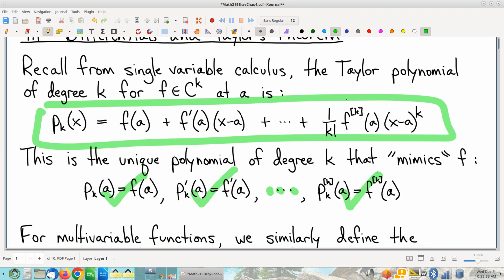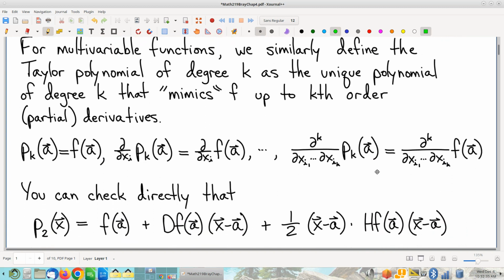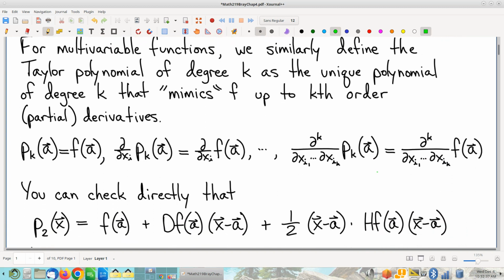Okay, all right, so there is a multivariable Taylor polynomial as well. And it's harder to write down because there's multiple variables and it's a lot to say, right? We're only, in fact, going to talk about the degree 2 Taylor polynomial. But the idea is just the same as it is in single variable calculus.